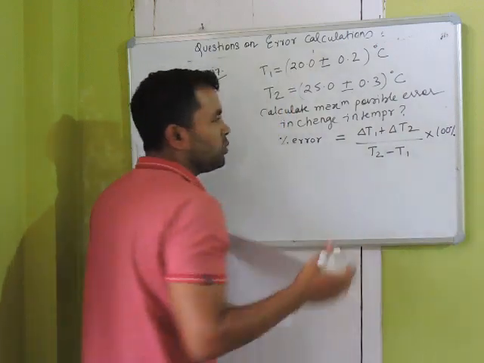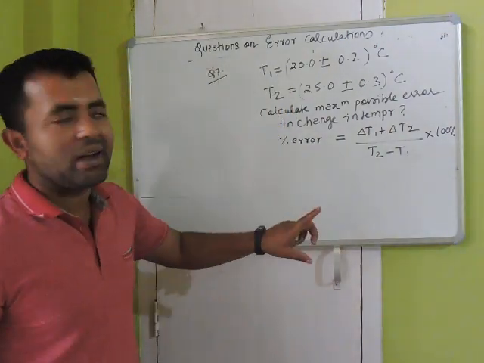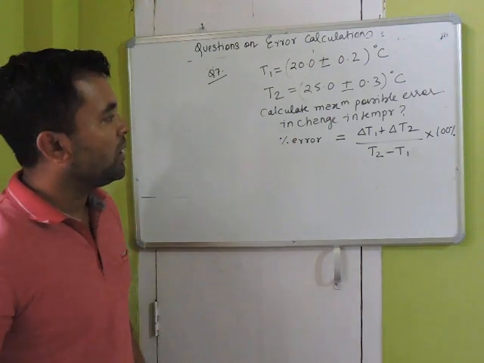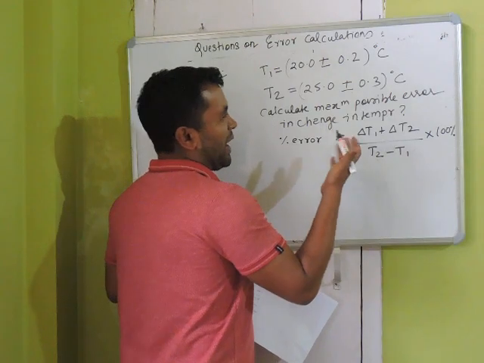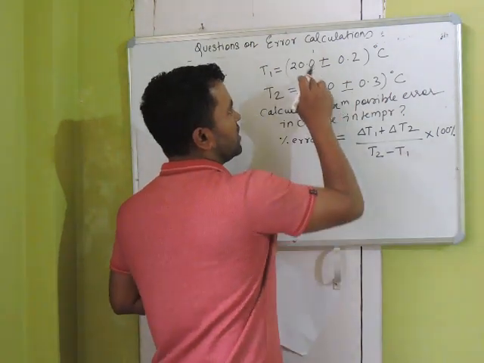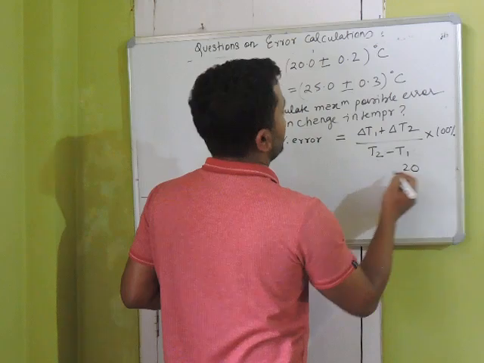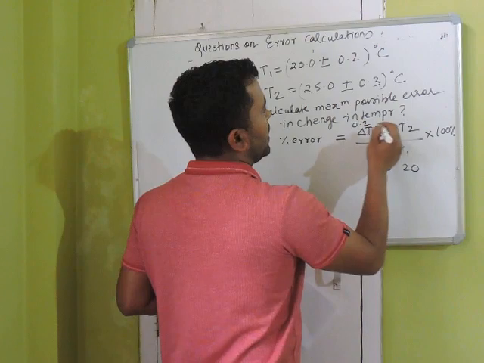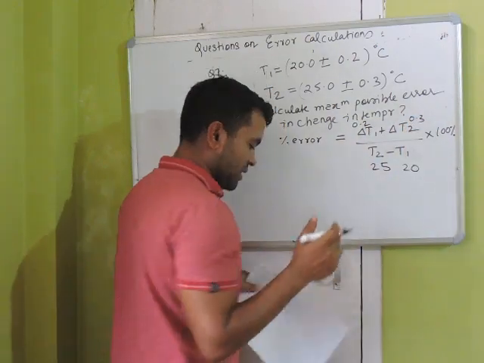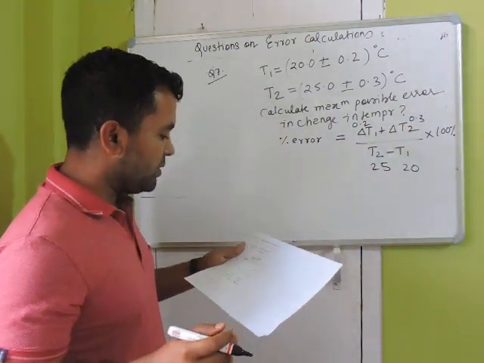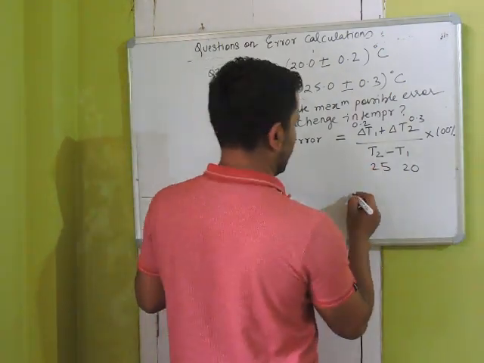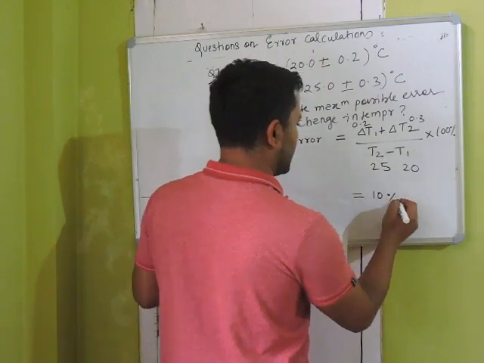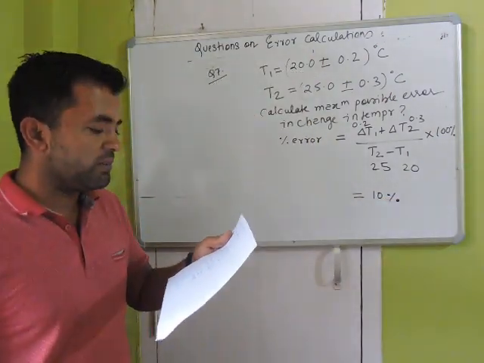You can see the rule when we calculate percentage error in the case of subtraction. Now T1 is 20, T2 is 25, delta T1 is 0.2, and delta T2 is 0.3. Error always gets added. So if you do this calculation, you will find that the maximum possible error in the change in temperature will be 10%. You can do this.